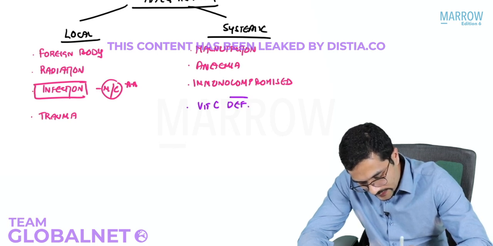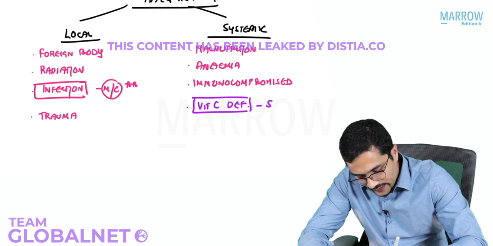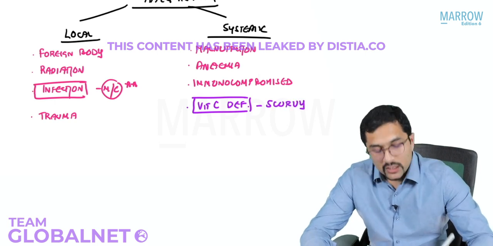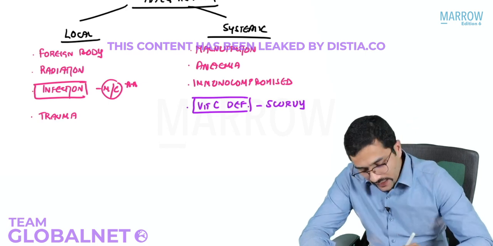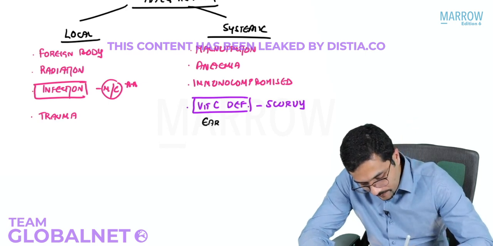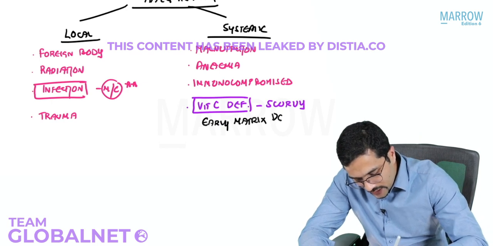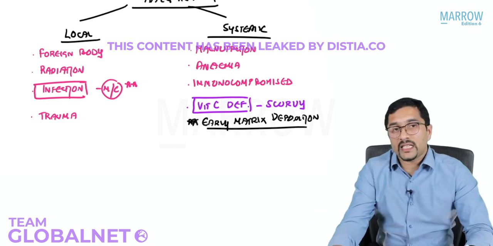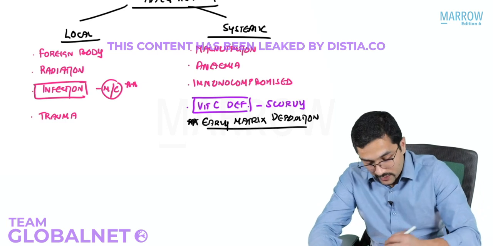Vitamin C deficiency can give rise to scurvy, and this can hamper wound healing. And which phase does it affect? It affects the early matrix deposition. So the early matrix deposition, that means the proliferative phase, is the phase which is affected when the patient has vitamin C deficiency or scurvy.